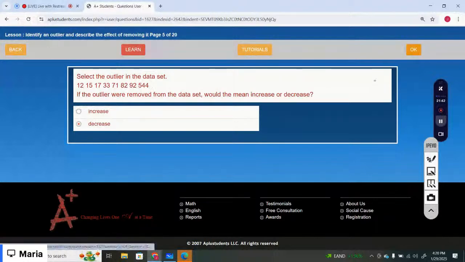Option number 2 is the correct option. The correct option is decrease.